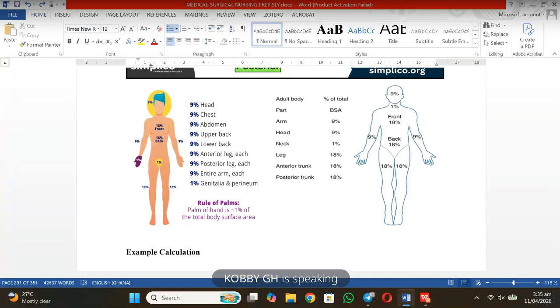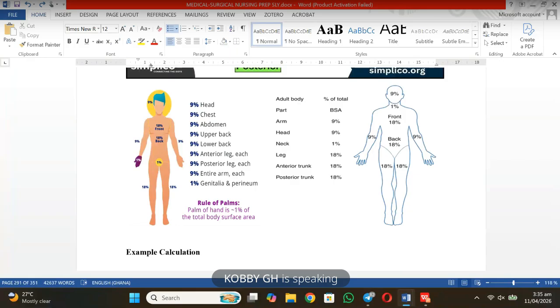So anytime the examiner says anterior arm, the examiner didn't tell you right or left. Use the two. Because here we didn't tell you that you see the arm, we have two. So if the examiner says anterior arm, you use the two. So 4.5 plus 4.5. Then I also mentioned posterior leg. So that one to the entire leg is 18. So that one to 9 plus 9.